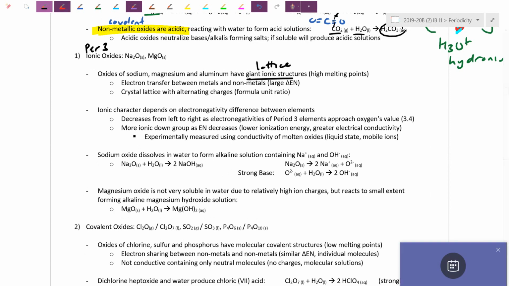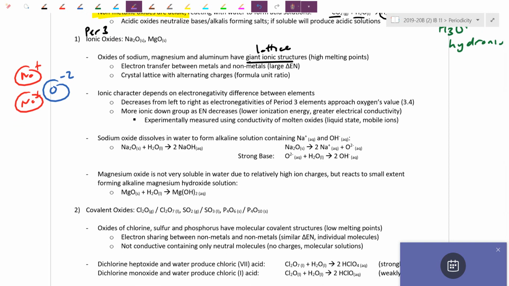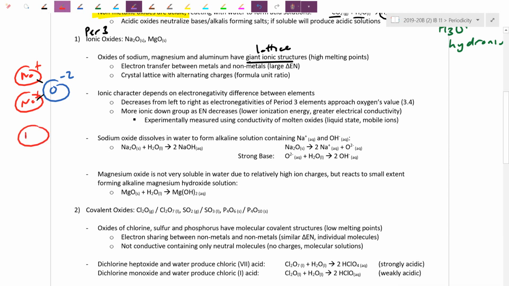So let's say I have Na2O. I know by ratio, that means I have Na+, Na+. I need 2 Nas to counterbalance the oxygen's charge. But because this is a lattice, even though that's all I need to counterbalance my charges to have an overall net charge of 0, because charges are always attracted to the opposite sign, I can actually combine it with another Na+, another Na+.